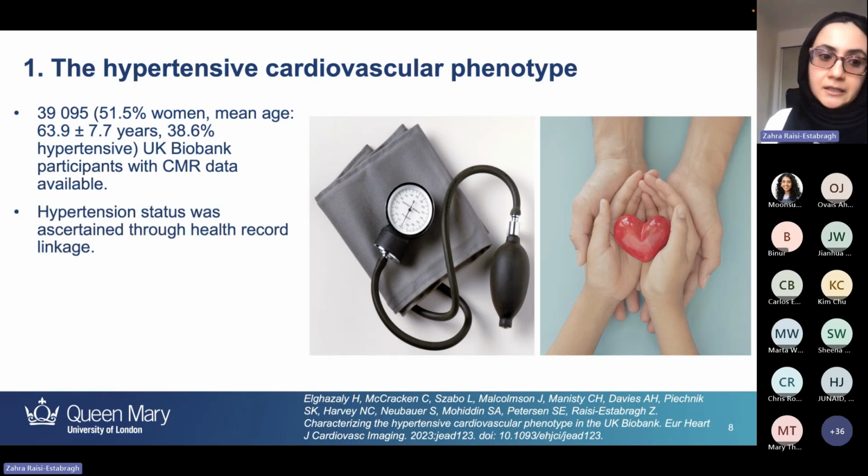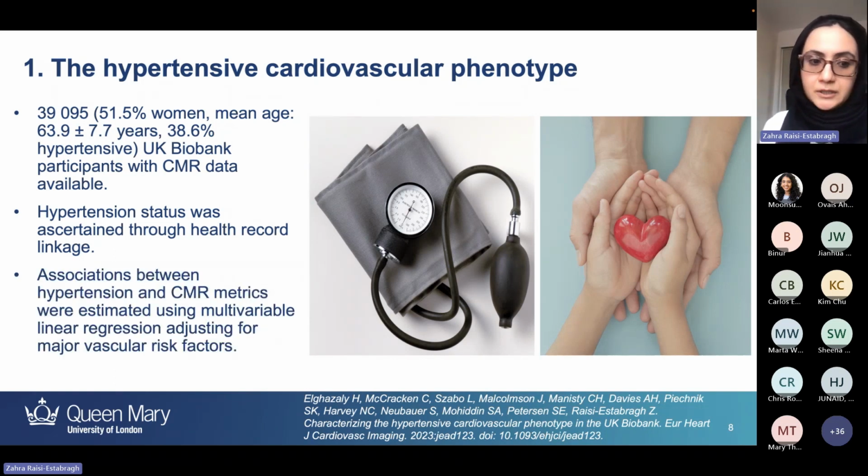We ascertained the clinical diagnosis of hypertension through looking at all the health record databases that were available. And we examined the associations between hypertension versus no hypertension with a range of selected CMR metrics using multivariable linear regression adjusting for major vascular risk factors.